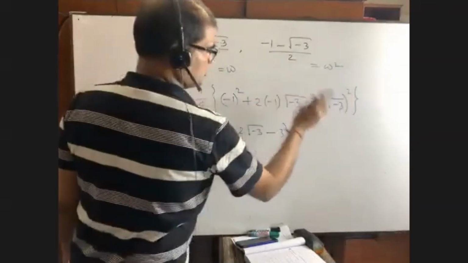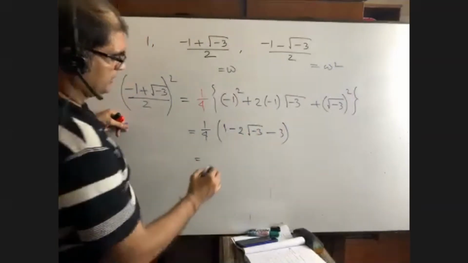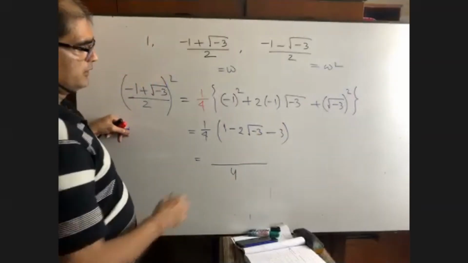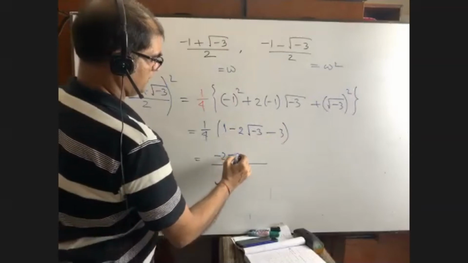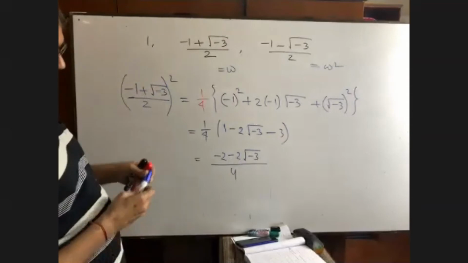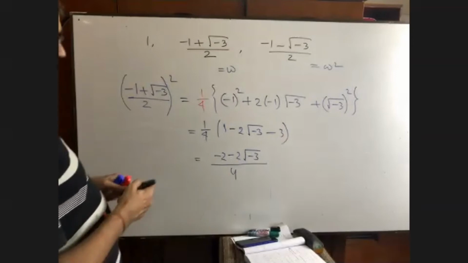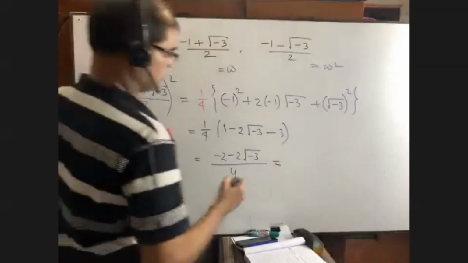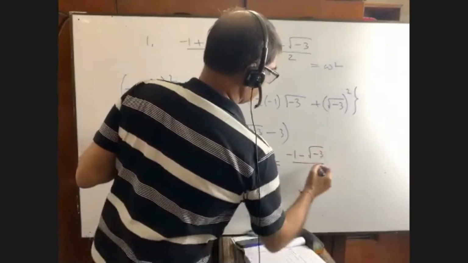These two root will come. Okay. Now, can you calculate in the numerator? What will be there? 1 minus 3 equals to what? Minus 2. Minus 2 root over minus 3. That means if I cancel 2 or take 2 common, minus 1 minus root over minus 3 by 2.